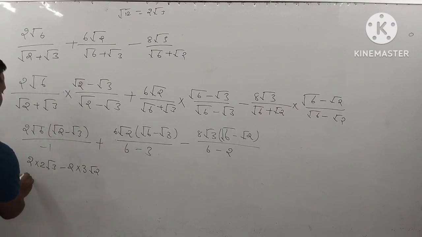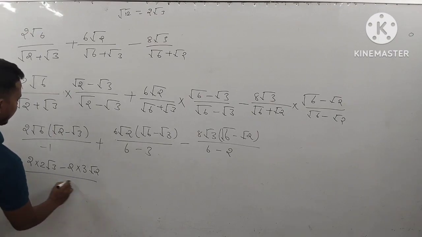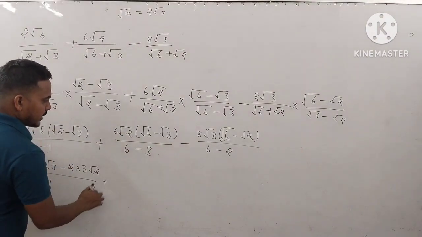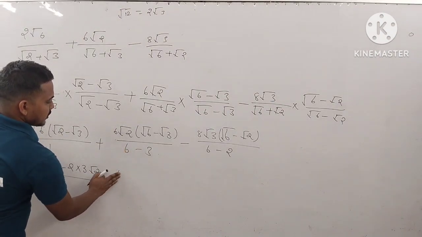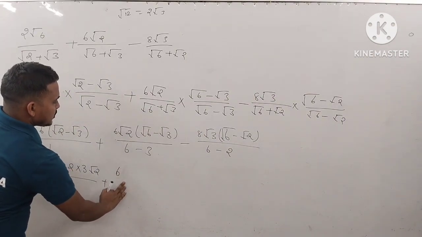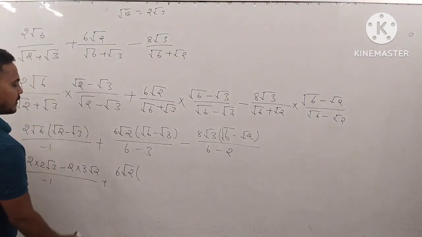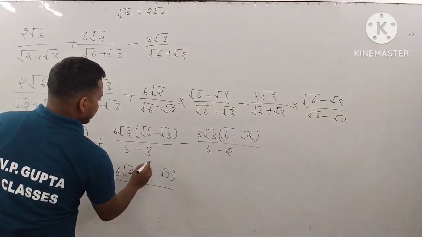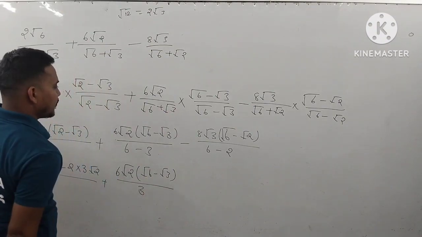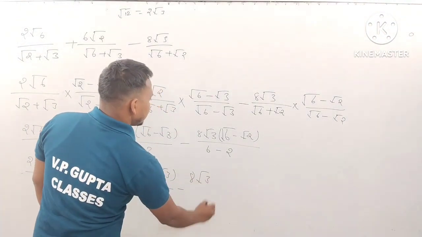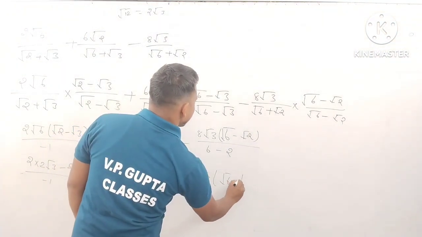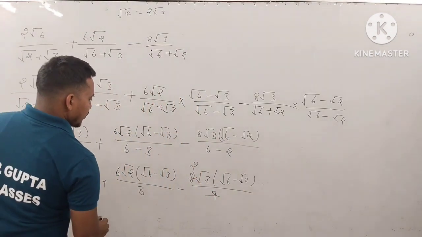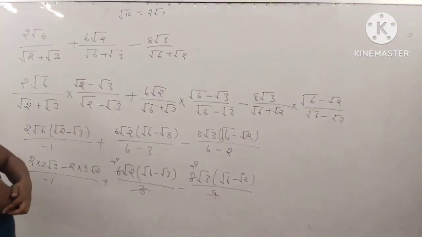I will write this term, and also multiplied by minus 1, plus I will also multiply 6 into under root 2 divided by under root 6 minus under root 3 divided by 6 minus 3, which is equal to 3, minus 8 root 3 into under root 6 minus under root 2 divided by 4. 4 twos are 8, 3 twos are 6.